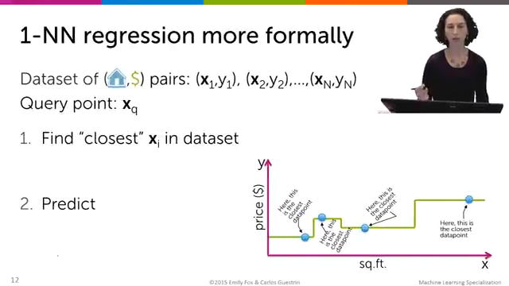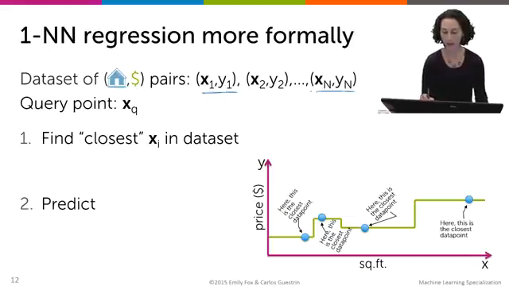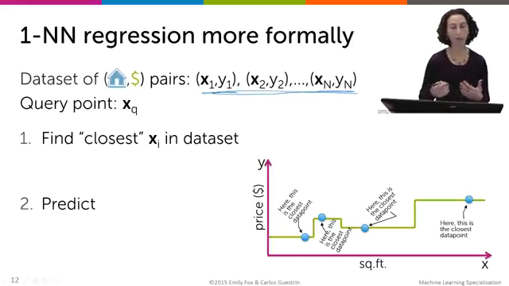So let's formalize this nearest neighbor method a bit. We're going to have some data set in our housing application. It's going to be pairs of house attributes and values associated with each house, so the sales price of the house. We're going to denote this as (x_i, y_i) for some set of observations, 1 to capital N. So this is what we assume our data set is. And then we assume that we have some query house, which is not in our training data set.